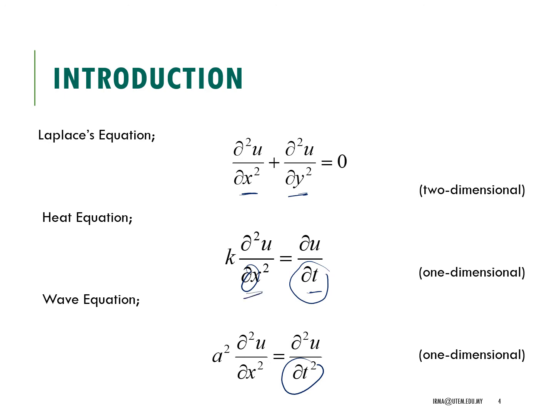Since we have only x here, it is one-dimensional, 1D. But when it involves two variables x and y, which represent space, we say that this equation is two-dimensional.